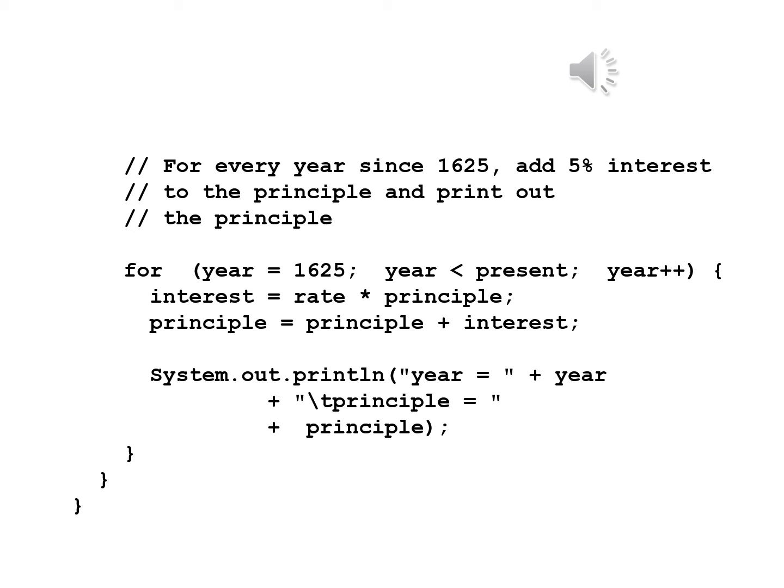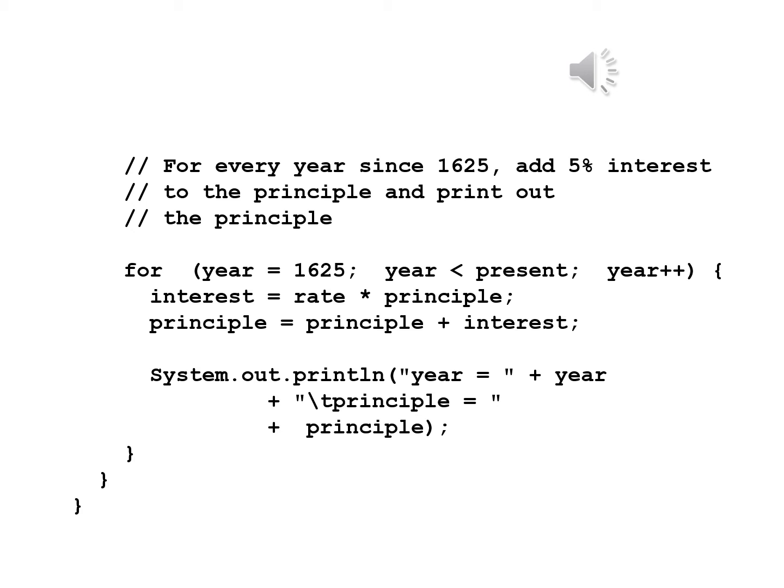Inside the loop we have interest equals rate times principal, principal equals principal plus interest. And then to print it out, System.out.println, open parenthesis, quote, year equals, close quote, plus year, plus, quote, backslash t principal equals, close quote, the backslash t again will tab over, plus principal, close parenthesis, semicolon.